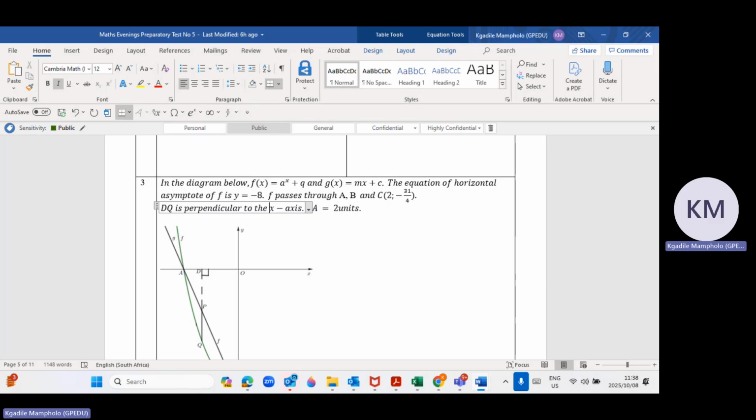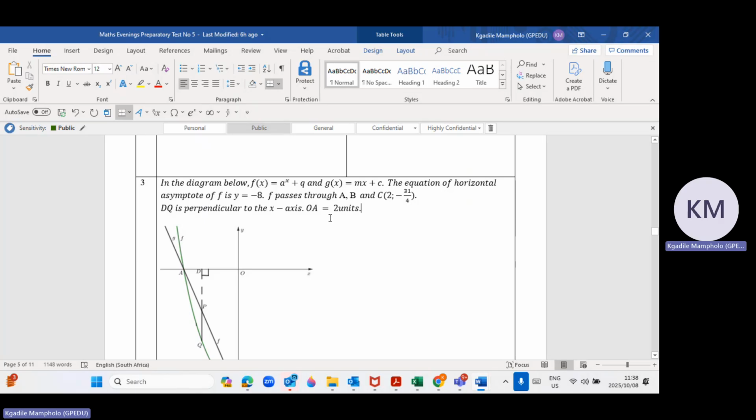We know that whenever a line is perpendicular to the x-axis, it means x does not change anywhere. It means if OA is, let's say, 3 units.